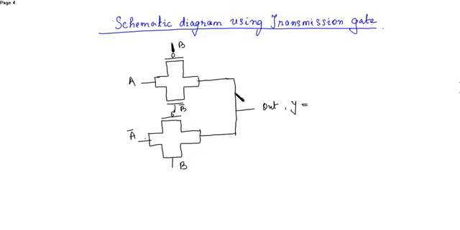Now how will you see that this is the correct output? Actually, how do you get this design, or this schematic diagram? You have to verify this schematic diagram with your truth table, the truth table of the XOR gate. So now let's see the explanation of this schematic diagram before going to the twisted schematic diagram.